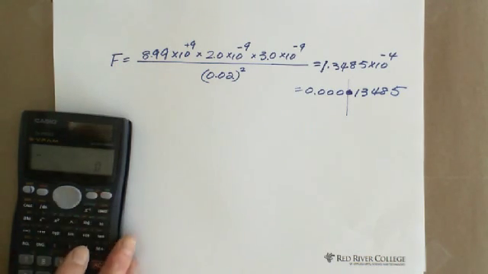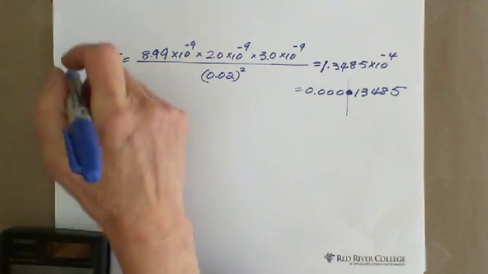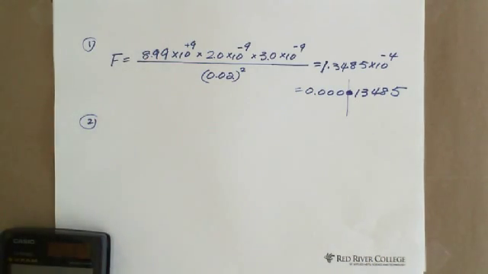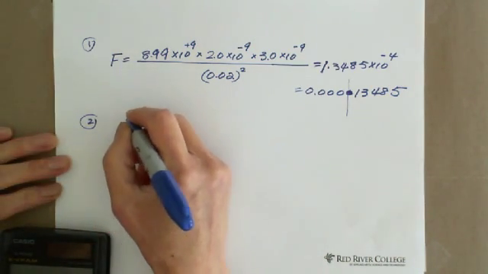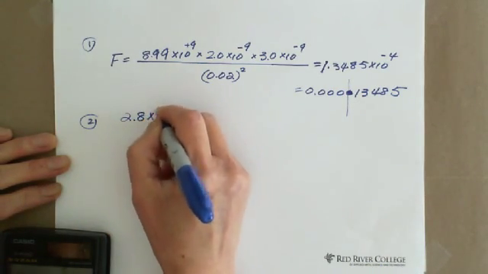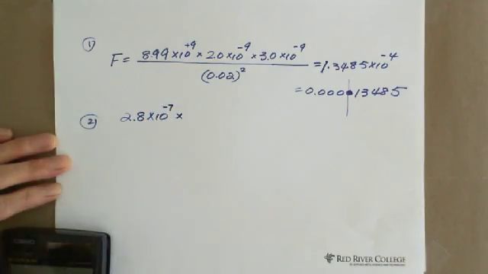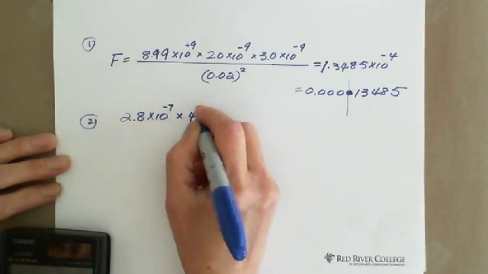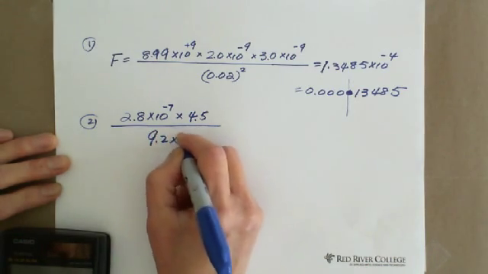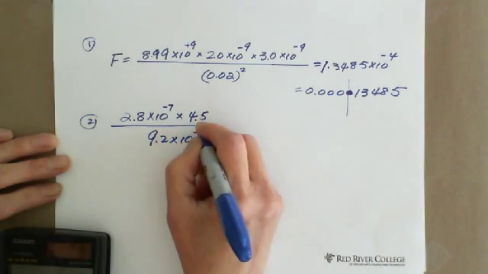Okay. This is one trouble. That's the first one. Second one, when you calculate one expression, for example, you calculate 2.8 times 10 to the negative 7 multiply 4.5 divided by 9.2 times 10 to the negative 5.